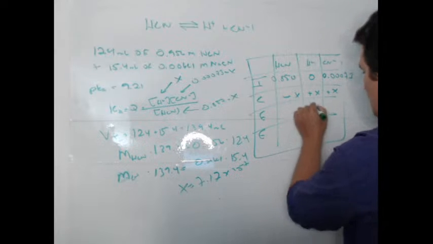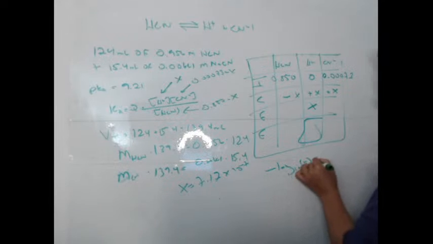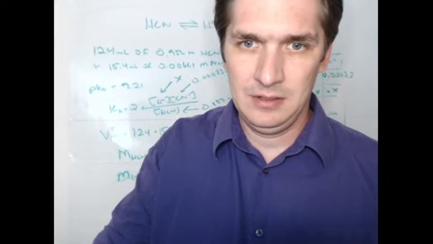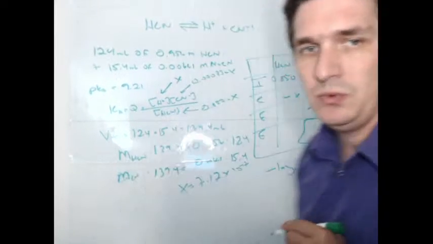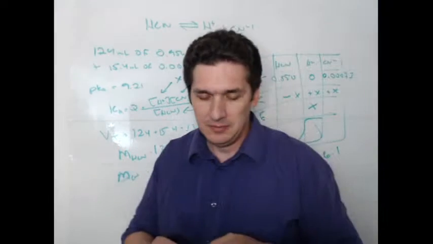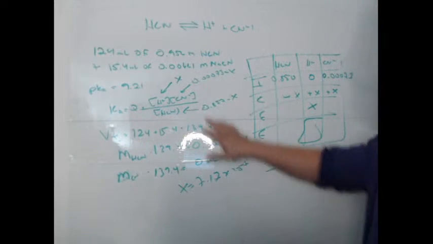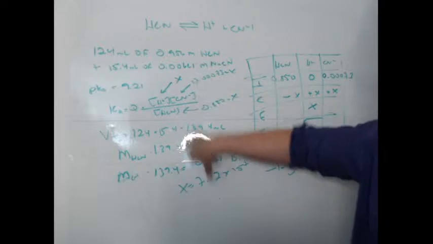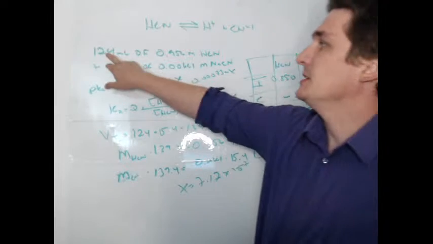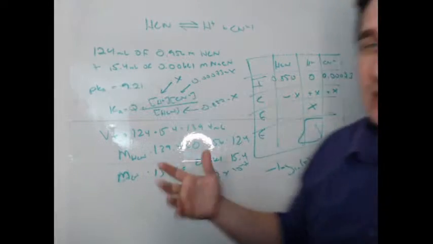I'm looking for the concentration of H plus, so if I take the negative log of X, I get 6.14, or just 6.1. The only big difference between this problem and the previous problems is that you have to work out the starting concentration using the dilution formula. Because these are mixed together, they mutually dilute. Once you've worked out the diluted starting concentrations, you just plug into your IC table and go about it like you normally would.